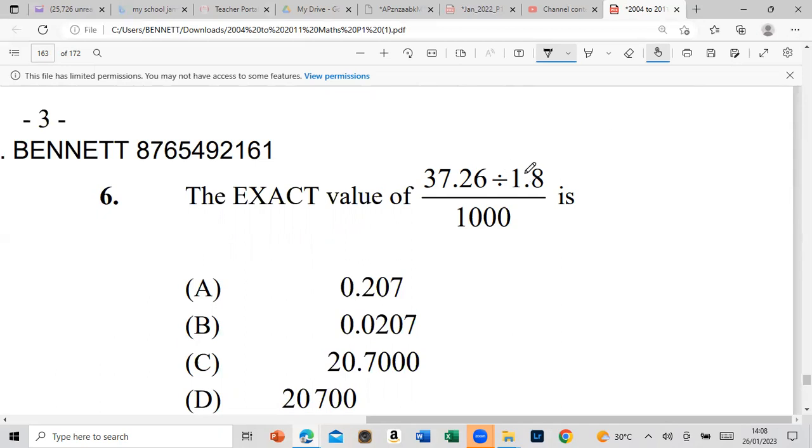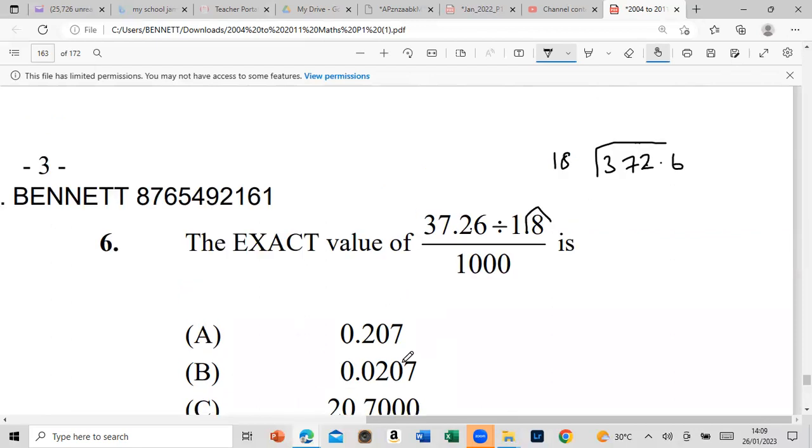It's gonna be this one place, so it's 8, and we're gonna move this one place also, so this is gonna become 37.6. Let us see. Oh, we know the value already. See, the value is in here. It's just a matter of decimal place.